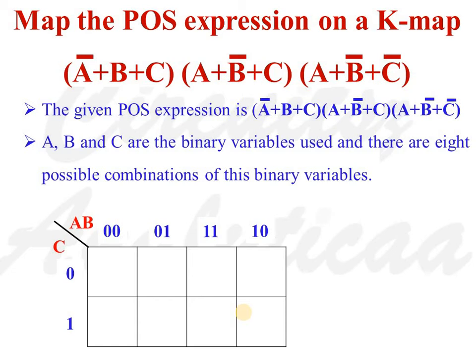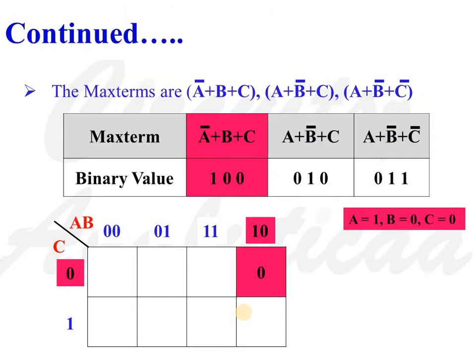Here there are 3 binary variables A, B and C, and there are 8 possible combinations for these binary variables. The max terms of the given function are A bar plus B plus C, A plus B bar plus C, and A plus B bar plus C bar.